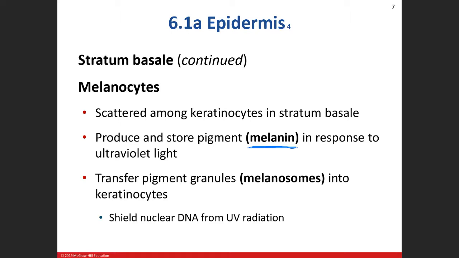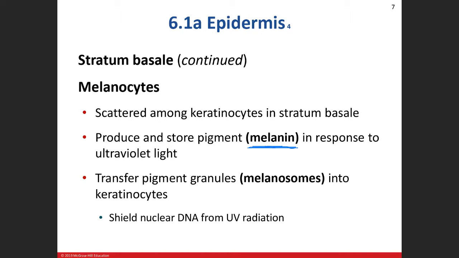I'm a ginger. I burn easily, I don't tan, I have very little melanin. Melanin is awesome because one, it protects our cells from cancer. Predominantly, it protects your DNA from cancer.